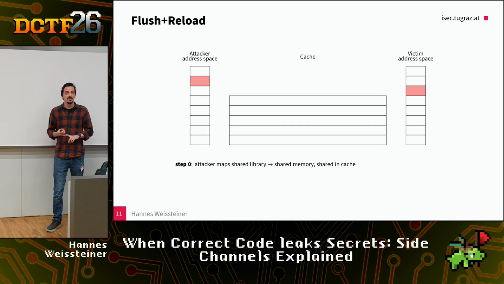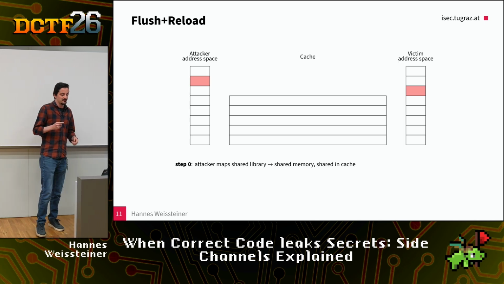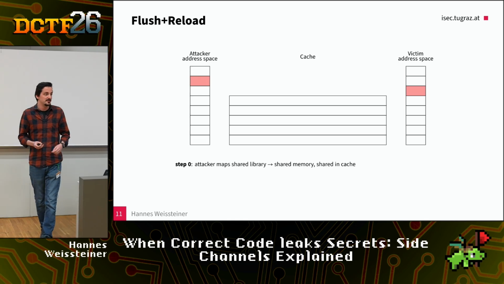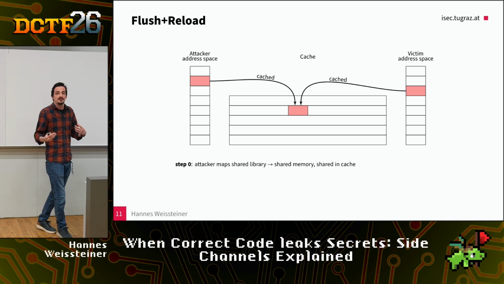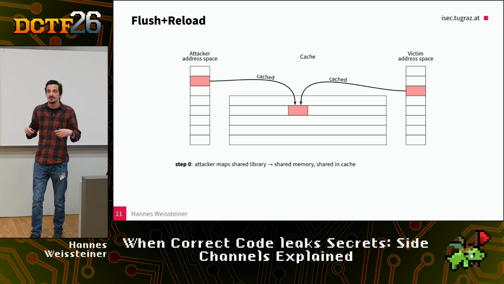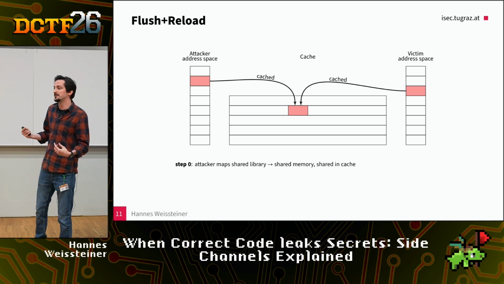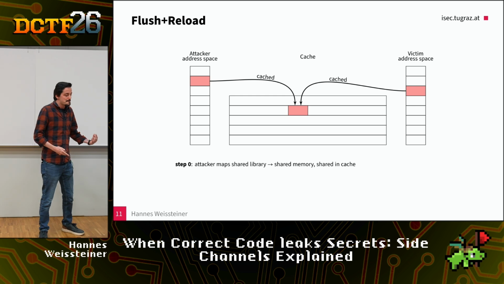If we look at flush and reload in the context of the CPU, we have two processes. We have a victim on the right, we have an attacker on the left, and they both map the same shared library. They have some shared address. And if this address is cached, it's fast for both of them. This is the point of the cache, so everyone gets a speed boost.